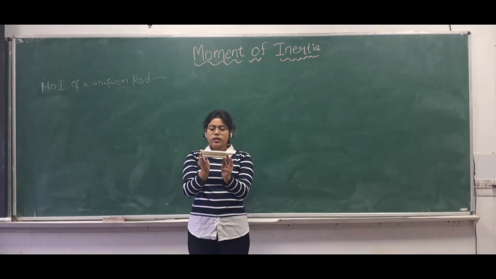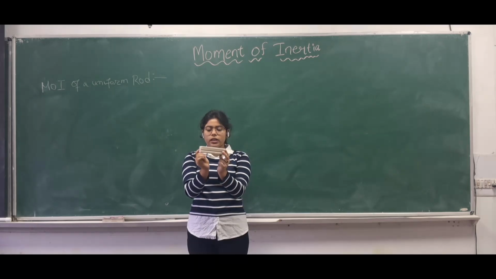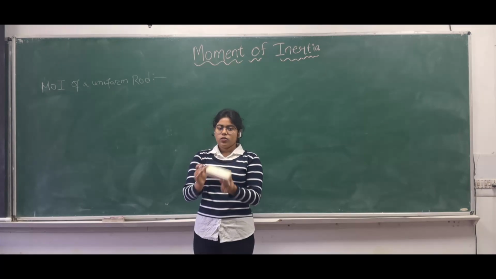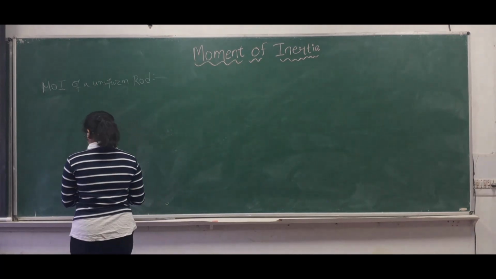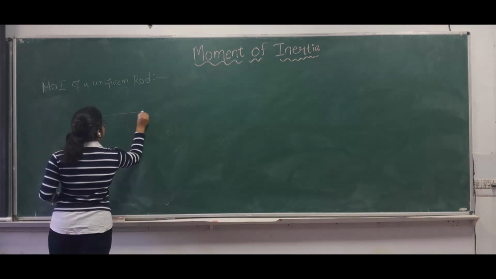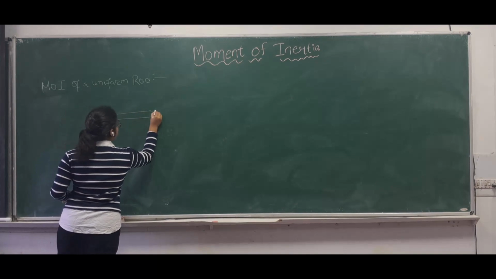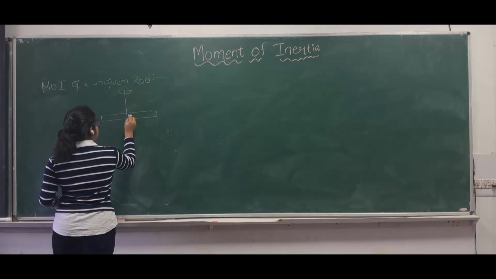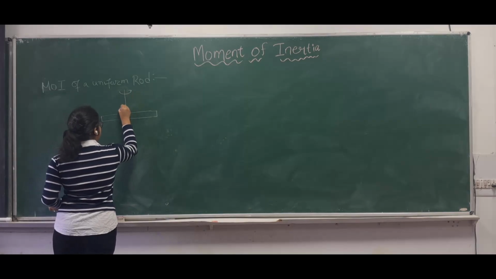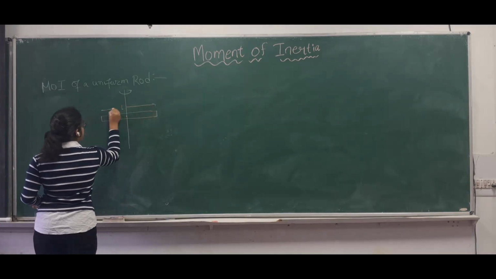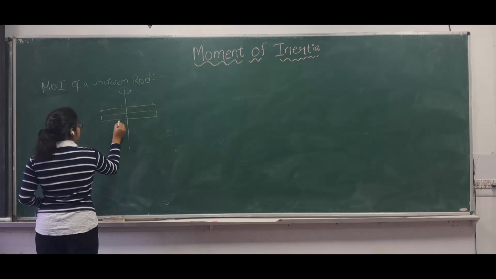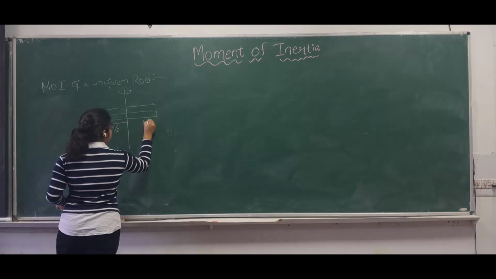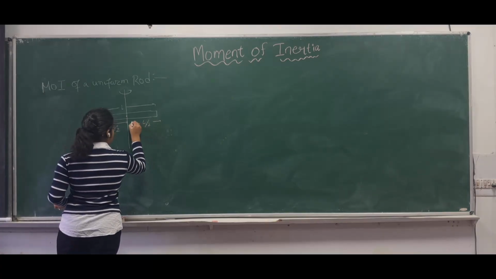Similarly, the length of this rod is L and its mass is M. This is the rod with the axis of rotation passing through the center of mass, and L is the length of this rod. Therefore, this distance is L by 2 and this distance is also L by 2.